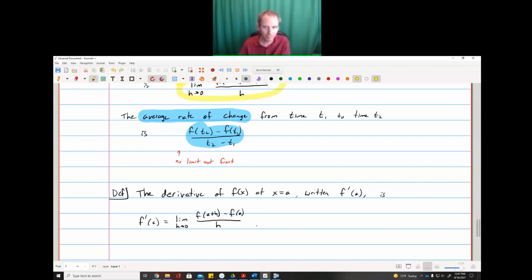Okay. So this is what a derivative is, at a single point. And in this section, that's what we're going to look at. If I have specific points, let's look at the derivative at that one specific point.